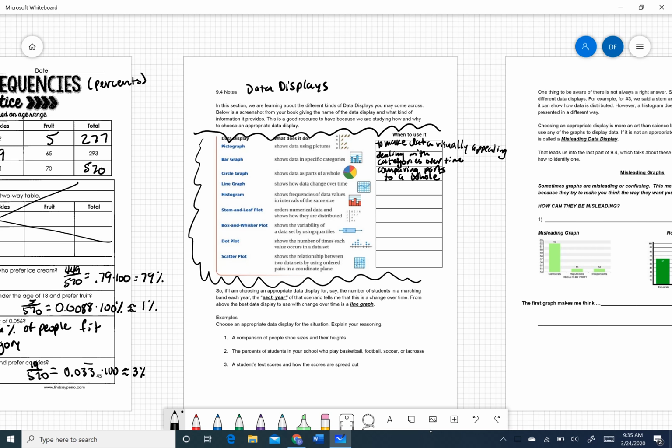So next we have a line graph. This shows how data changes over time. It tracks over short and long periods of time how certain things might change. You could probably create a line graph based on maybe your grades, right? On the x-axis you could do the assignment, and then on the y-axis you could do the grade.